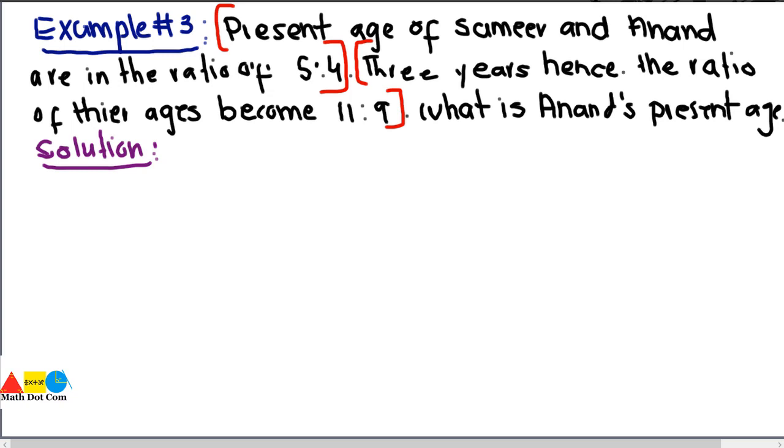Now I have already told you that whenever you come across ages as 5:4 or 6:4, then the present ages become 5x and 4x. So this is the rule.